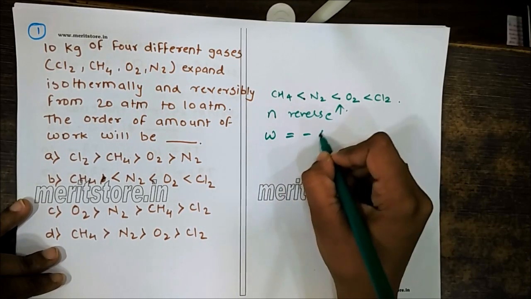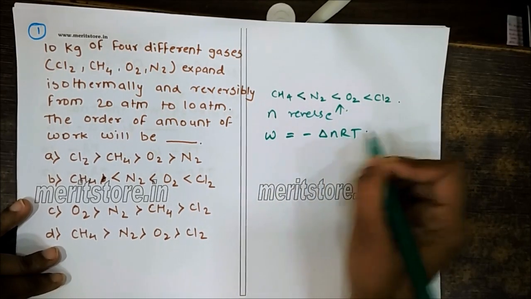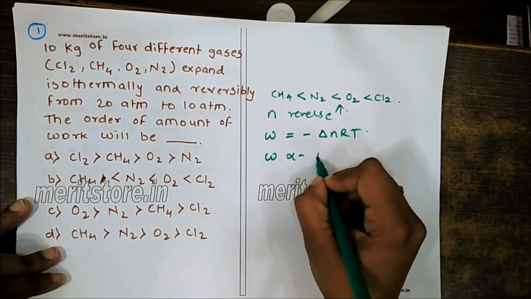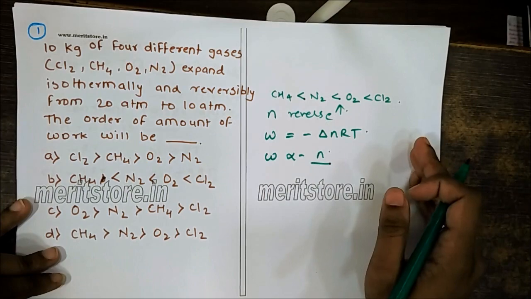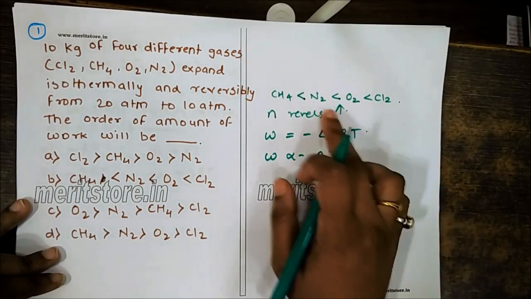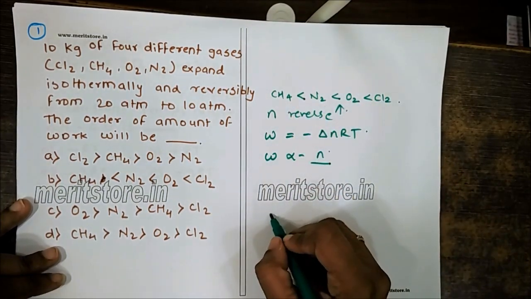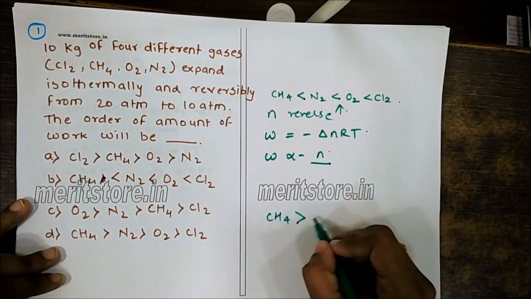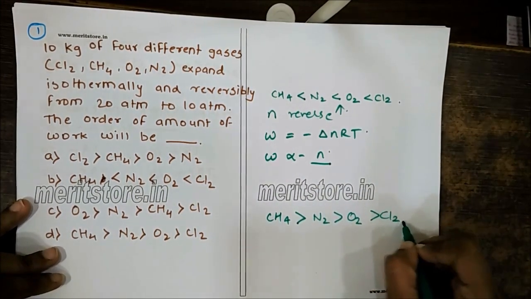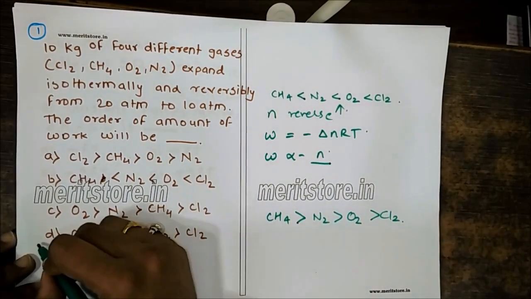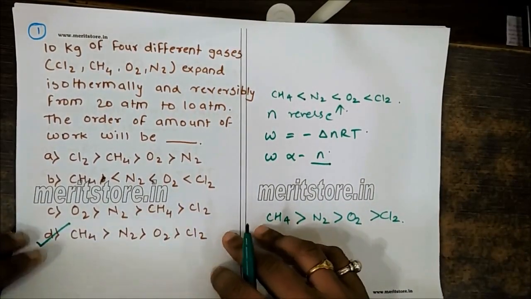Work done W = -nRT ln(P1/P2), so W is directly proportional to n. As n increases, W also increases. Therefore the reverse order is followed: methane highest, then N2, then O2 and then Cl2. Therefore our option is D.